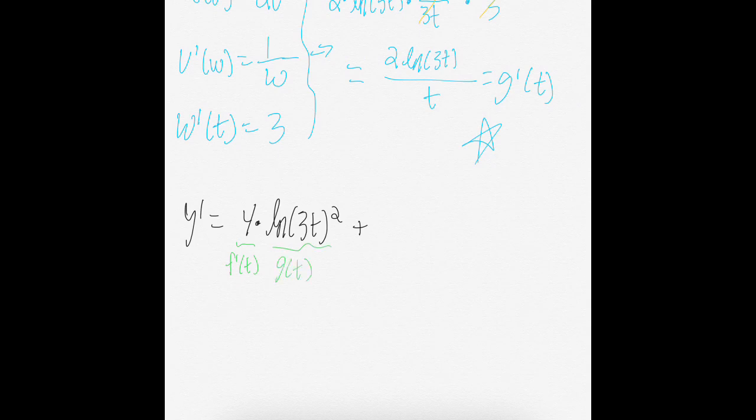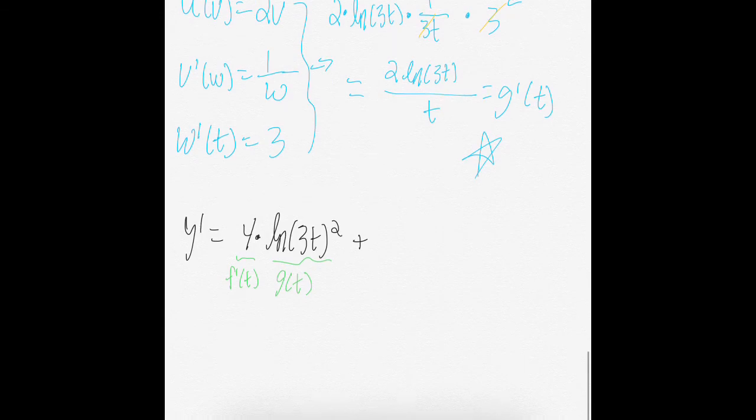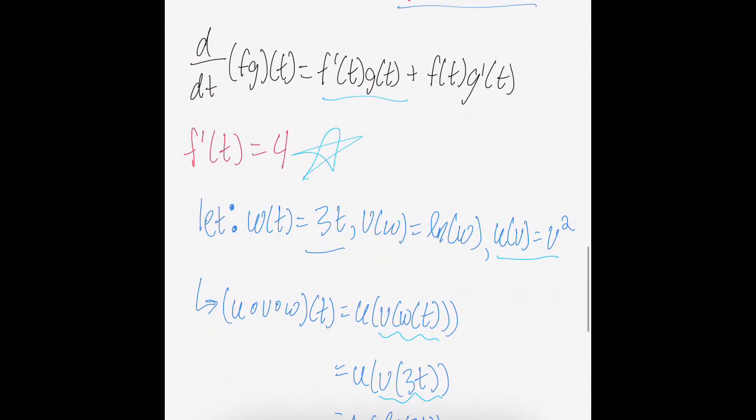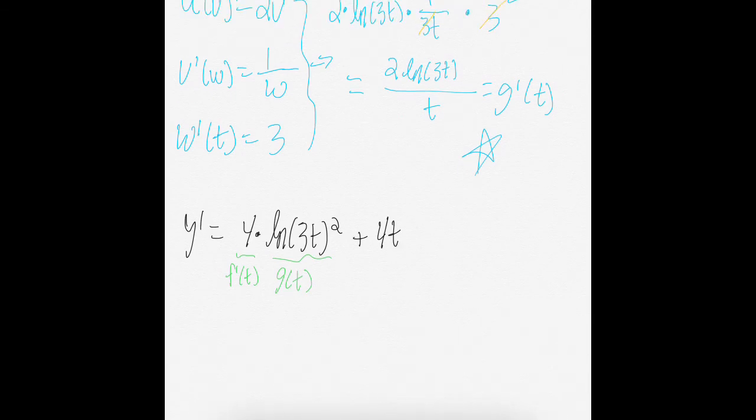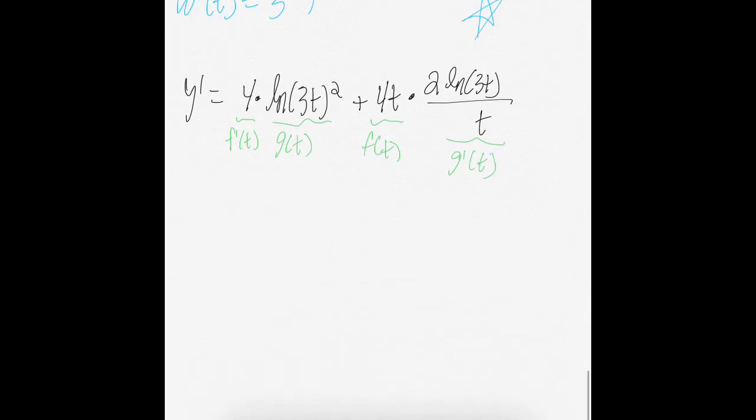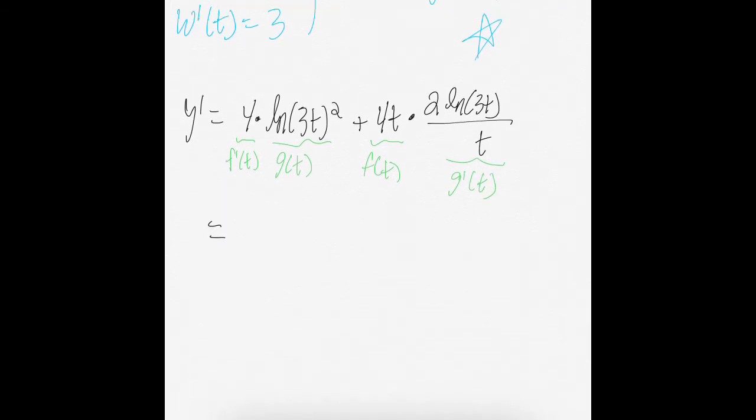So here I have, this is f prime of t, this is g of t, and then plus, so now I'm going to need f of t, and f of t is 4t. And then I'm going to need to multiply that by g prime, which is our beautiful contraption up here, 2 ln 3t over t.